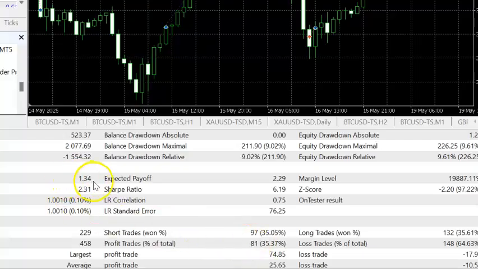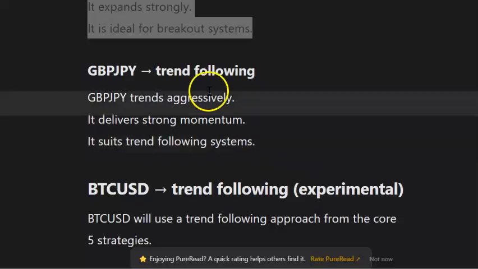Profit factor 1.34. Those things I just need to work on: get the profit factor to 1.5 and the win rate to near enough 50. But I like the drawdown, which is 9%. So I'm looking at this one potentially and seeing how we can roll it out on the demo to start with.